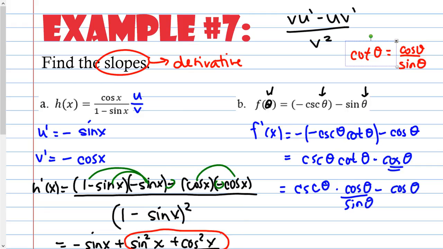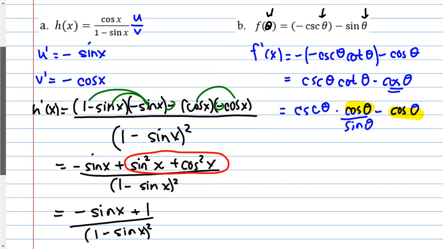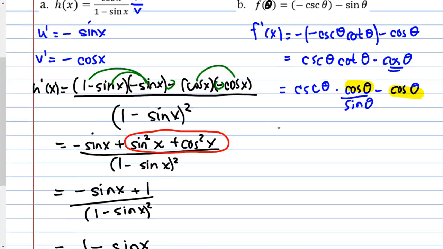Let me use a highlighter. There's one here, one here. The sine, however, is in my way. So what if, just using regular laws of math here, I split it up so that now it's cosecant theta times 1 over sine theta times cosine theta minus cosine theta.